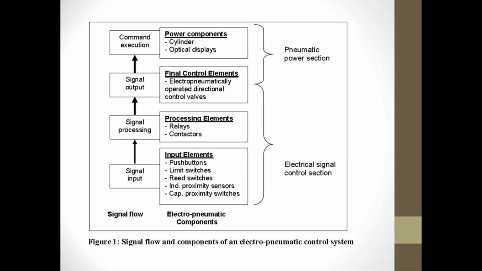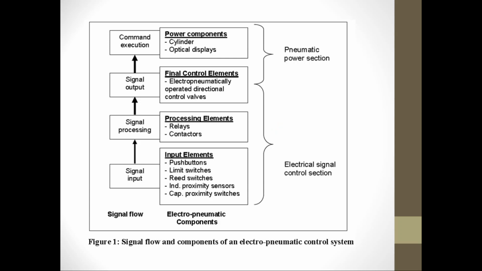You notice that the signal output section, or basically the directional valves, is composed of two components: a component that can be found in the pneumatic section, and a component of the directional valve that can also be found in the electrical control section.